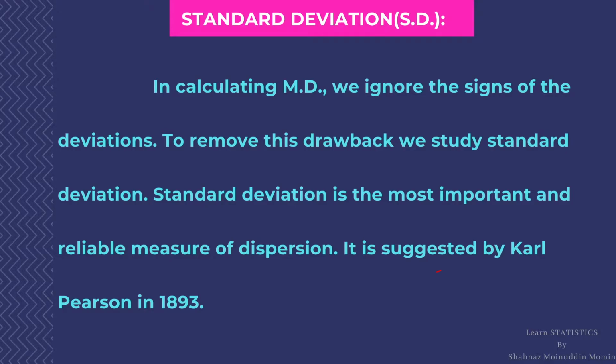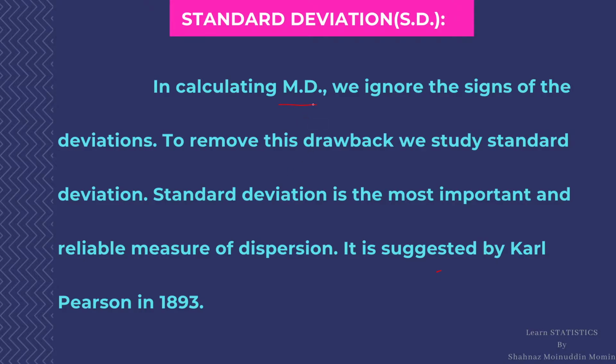In order to overcome the drawback of range, we define quartile deviation. But quartile deviation takes into consideration only 50% of the given data, and it ignores the remaining 50% from the data. In order to overcome the quartile deviation drawback, we have already defined the mean deviation.